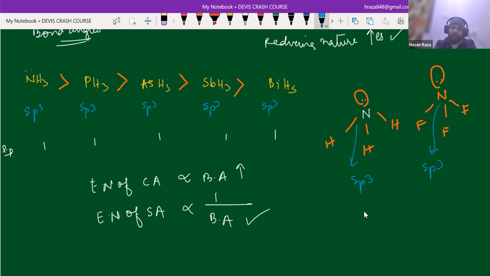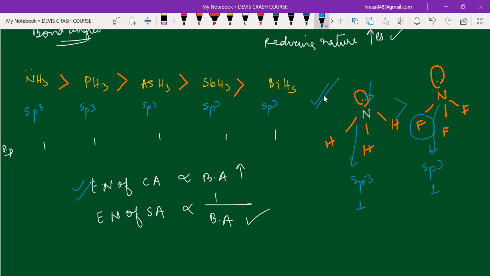Lone pair, you will see, is 1 and 1. When both fail, then go for the electronegativity of the central atom. Here the electronegativity of the central atom is greater, and here the surrounding atom is greater, that's why the bond angle of this is affected. Got it?